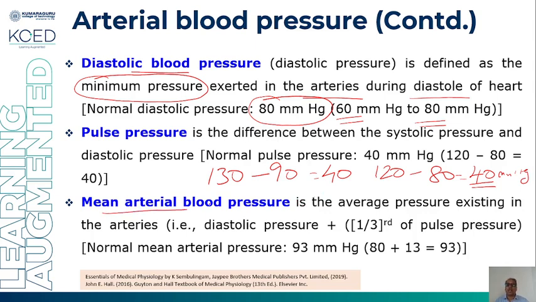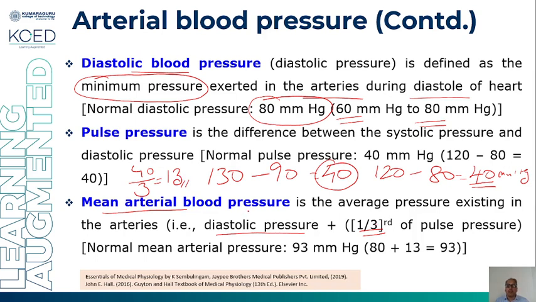What is mean arterial blood pressure? This is nothing but the recorded diastolic pressure added to one third of the pulse pressure. Now here the pulse pressure is 40. So what is one third of pulse pressure? 40 divided by 3 is approximately 13 point something. We will keep it as 13. So one third of pulse pressure is 13.